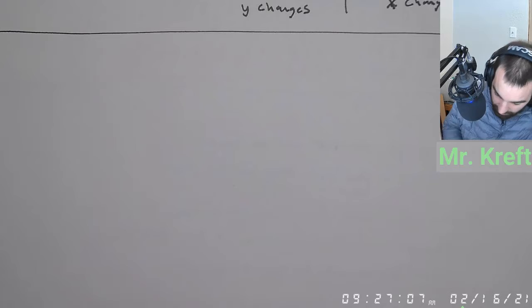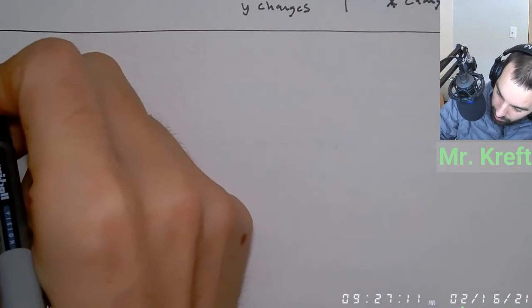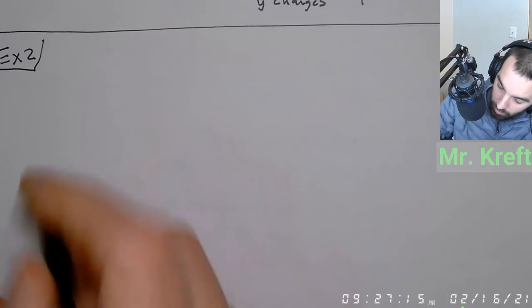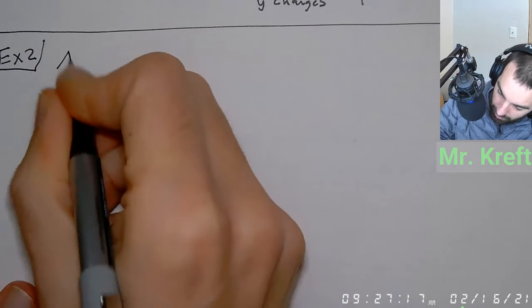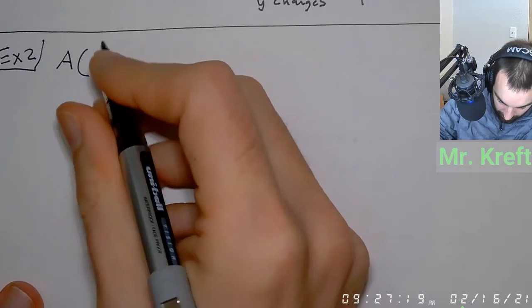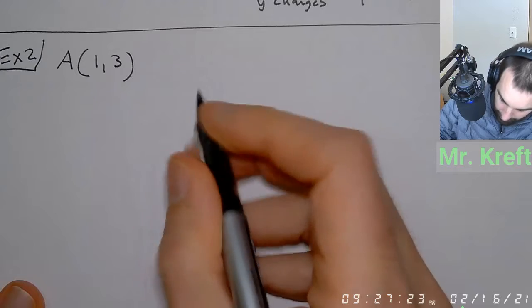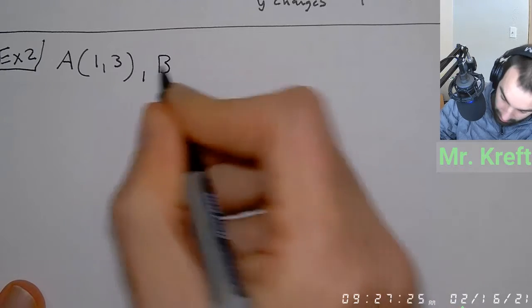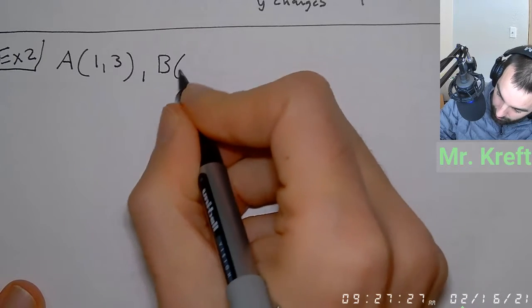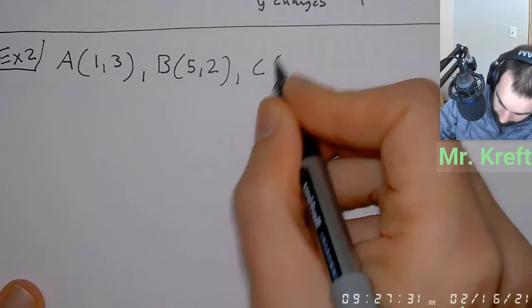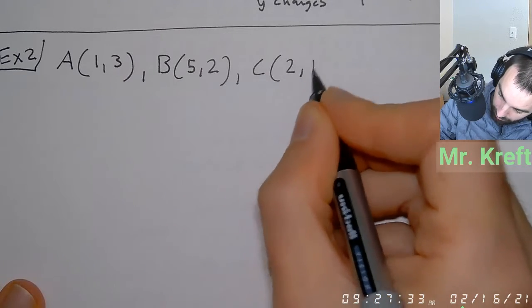Let's do one that is a little bit more difficult. So here's example number 2. I'm going to give you 3 points. Triangle A is (1, 3), triangle B is (5, 2), and triangle C is (2, 1).